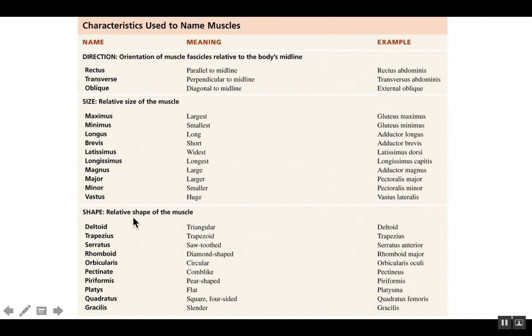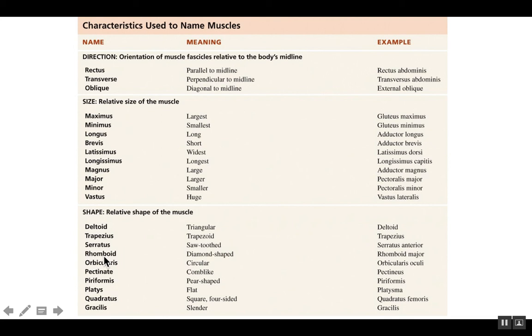Shapes. Some muscles have distinct shapes, so we use the word that describes the shape to name it. Deltoid is triangular. The trapezius muscle in your upper back and neck is trapezoid shaped. We've got some muscles that have kind of a sawtoothed or serrated look, so we use the word serratus.